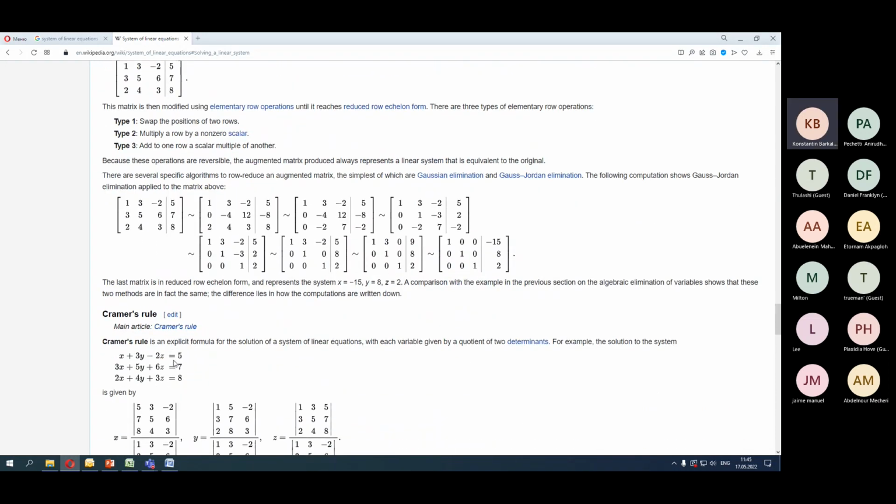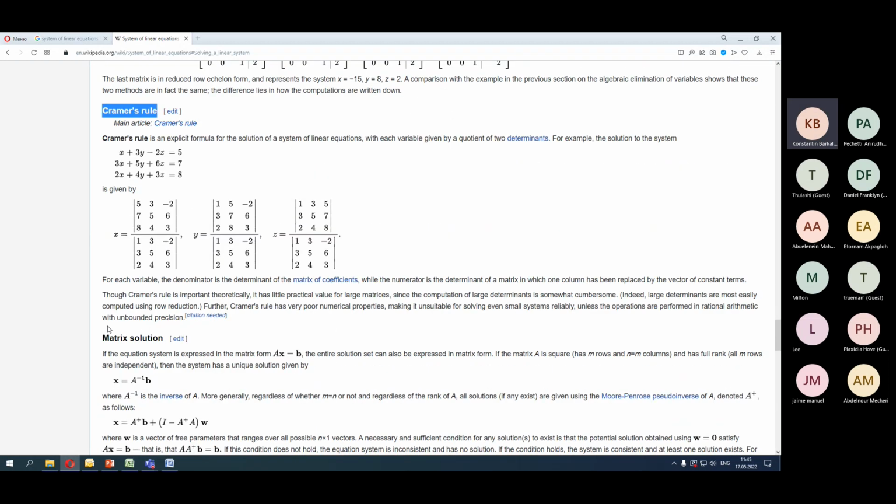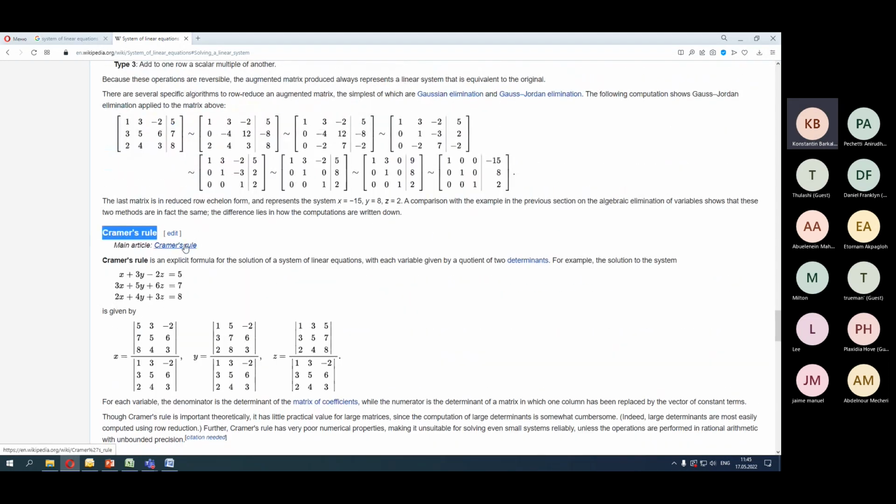Okay, you can find here another method that can be applied only for small systems of equations, the so-called Cramer rule.